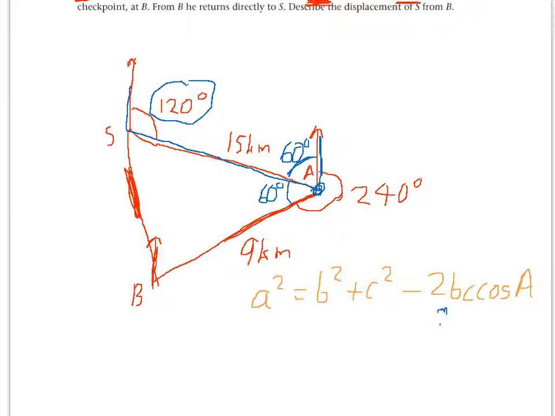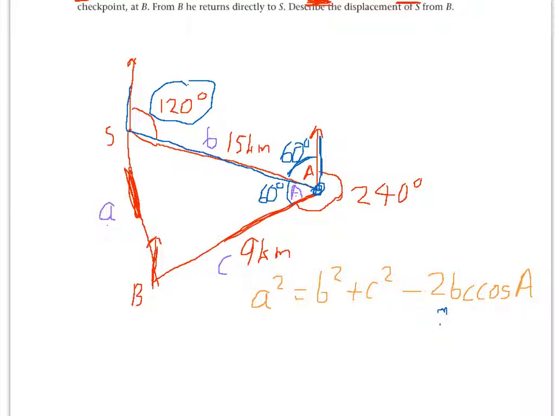Right, so let's label our sides to help us with this question. We're trying to find the missing side a, so our SB is going to be a. It doesn't matter which way around you do it, let's have the 15 as b and the 9 as c. And our angle A is directly opposite our side, so this one here is A, so 60 degrees.